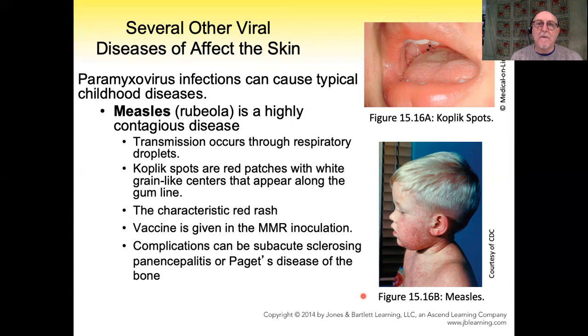Probably the most dangerous of all of those is this disease, measles, which is also known as rubeola. And rubeola, or measles, is transmitted through aerosol droplets, but it is one of the most highly contagious of all of the viral diseases. It spreads extremely easily, and it is quite persistent in the environment.